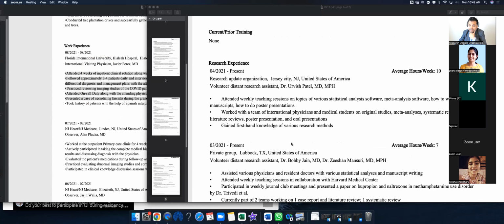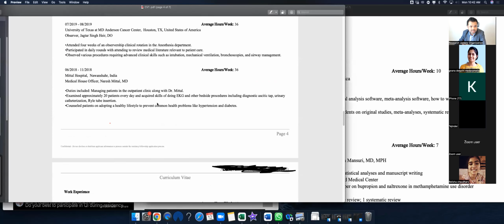So in the research experience section, usually for research students, 2 or 3 types of positions exist with us. Students work with us as a remote research assistant or a remote research trainee.